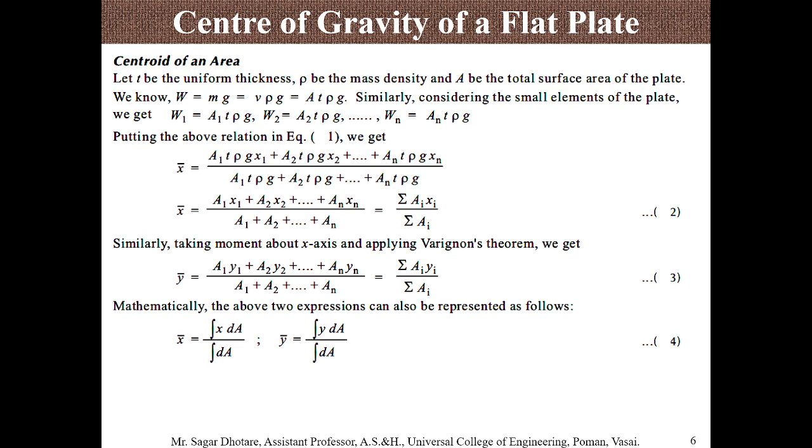Now when we take the moment about the x-axis, the moment is considered 0 as per the Varignon theorem, because the distance is 0. We then get the distances of the particles in the y direction. By applying the similar process, we get the final equation for the position along the y-axis: y bar equals summation of A into y divided by summation of A.